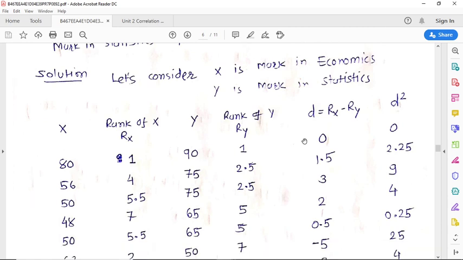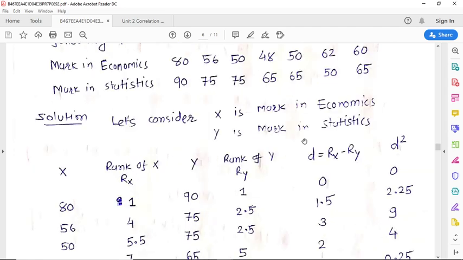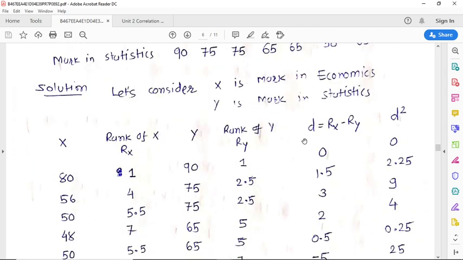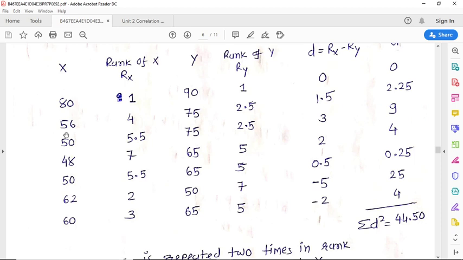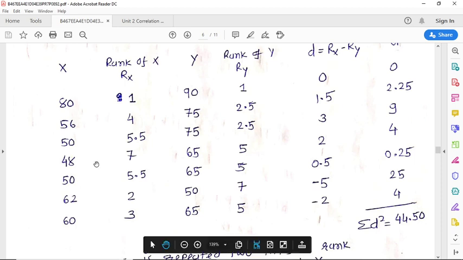So let us consider X as the marks in economics and Y as the marks in statistics. So prepare the column of X for the given data, then the column of Y, and then prepare the ranking data. So rank of X, let us say it is RX, and we consider the highest value as 1 in this data.